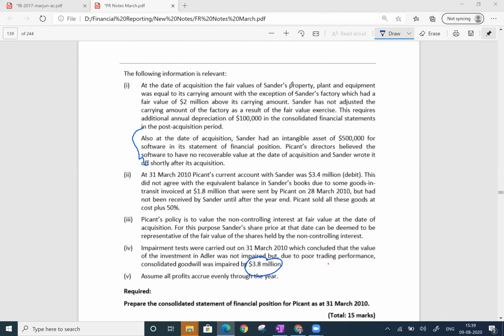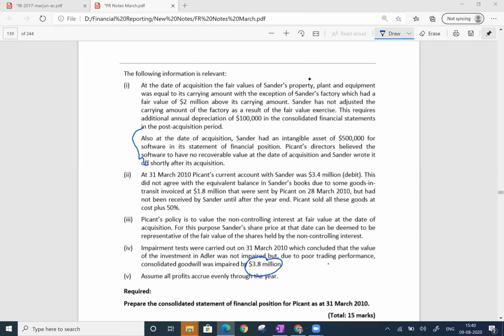In one or two questions, I was repeatedly stating that format. So if you have learned that format, you will be able to do this. And one more area. The NCI took its share. Now whose share is there? Parent's share. The parent has to bear the loss, their share. Where will you show the loss of the parent? In working note number 5, retained earnings.